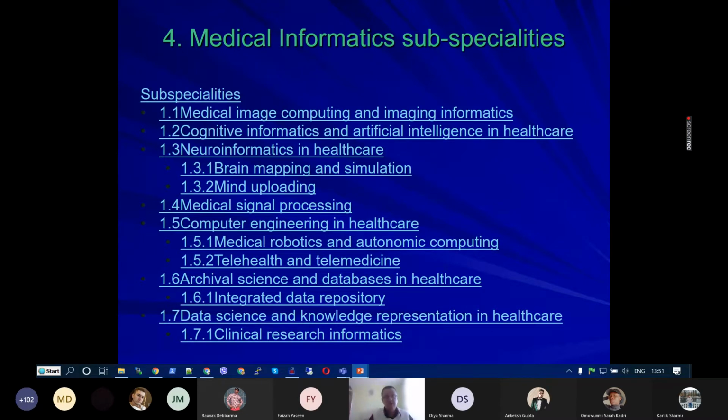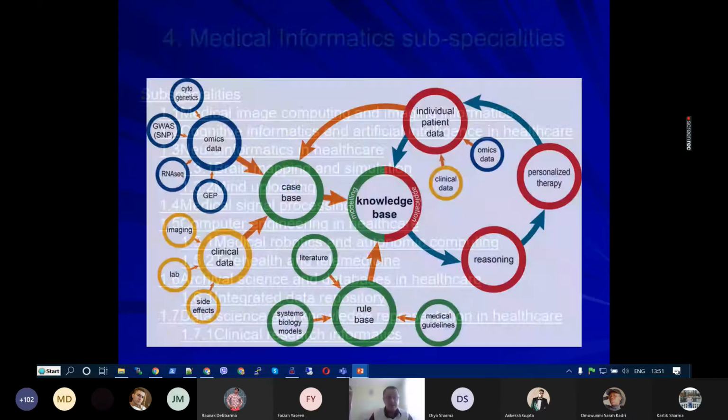It's not a very reliable information source, but it's a good starting point to begin investigation. And you will be able to read more about various subspecialties under medical informatics, which have great activities now.